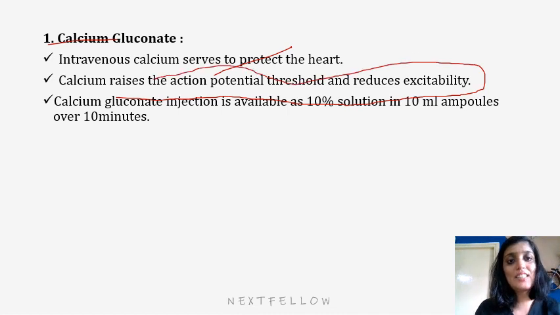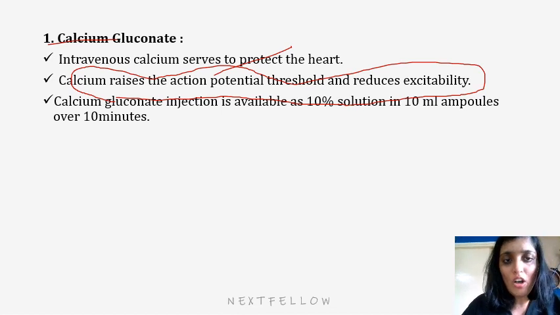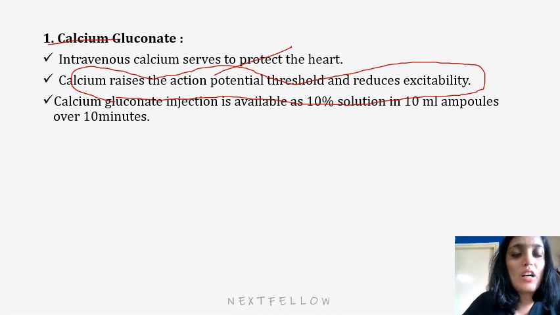Now if you go back to your physiology basics of action potential, depolarization and repolarization, an action potential occurs only if the stimulus is enough to raise the depolarization beyond the threshold.